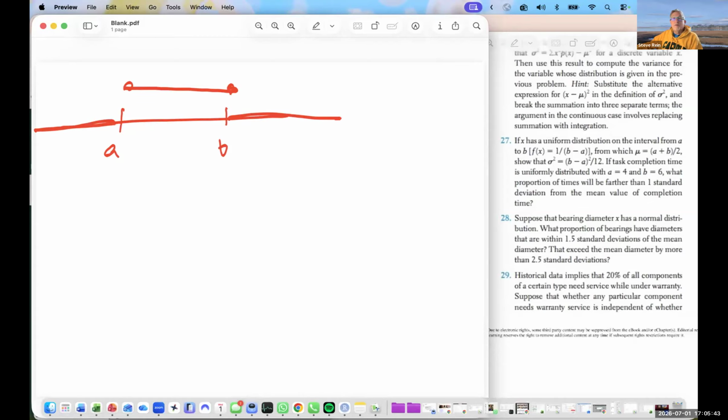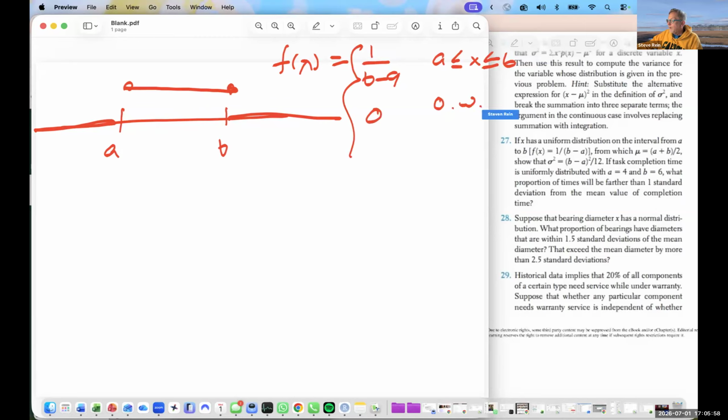So that's a uniform distribution, and f of x is 1 over b minus a for x in the range A up to B, and 0 everywhere else.